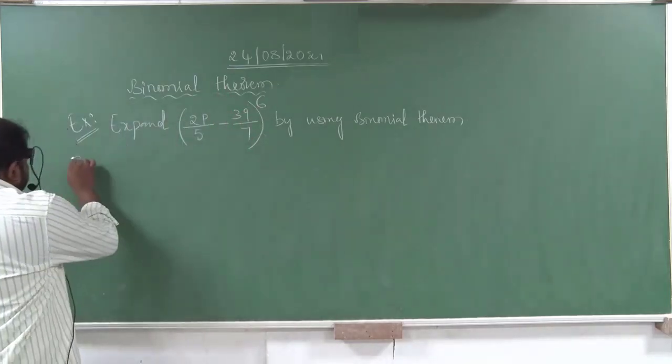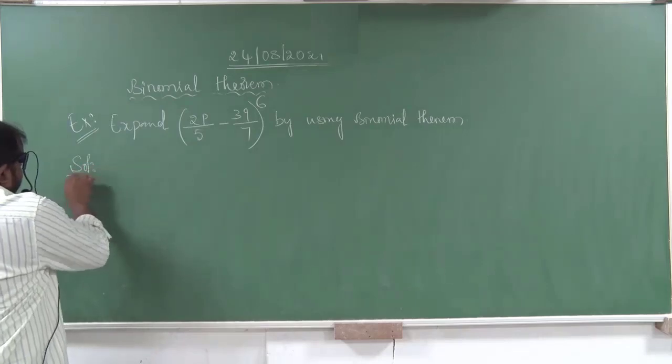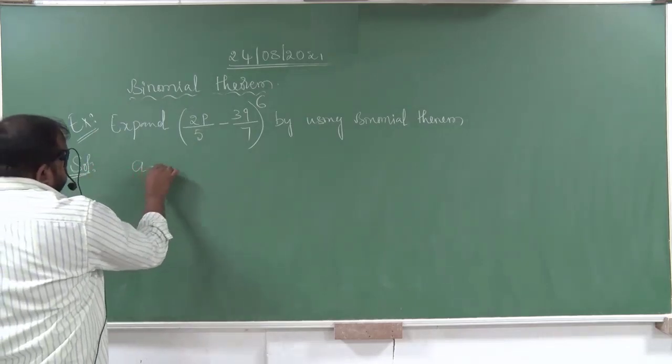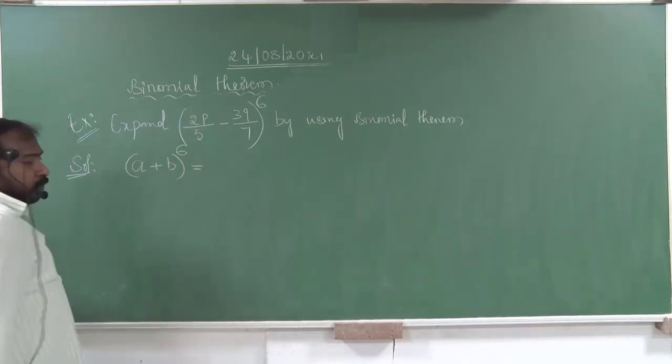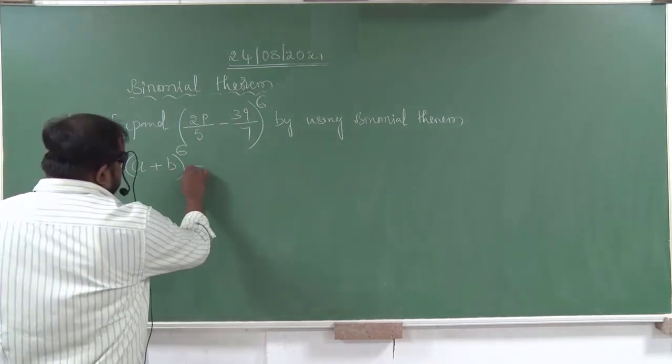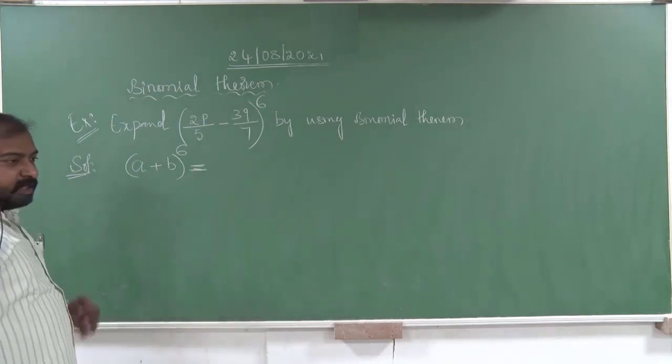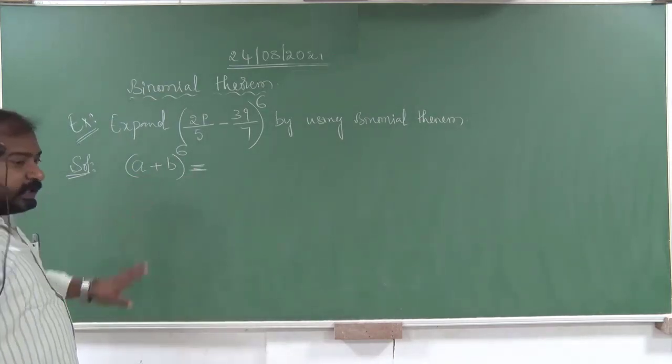Listen, all of you. We already know the binomial theorem. For example, if they give (a + b) whole power 6, what is the expansion?